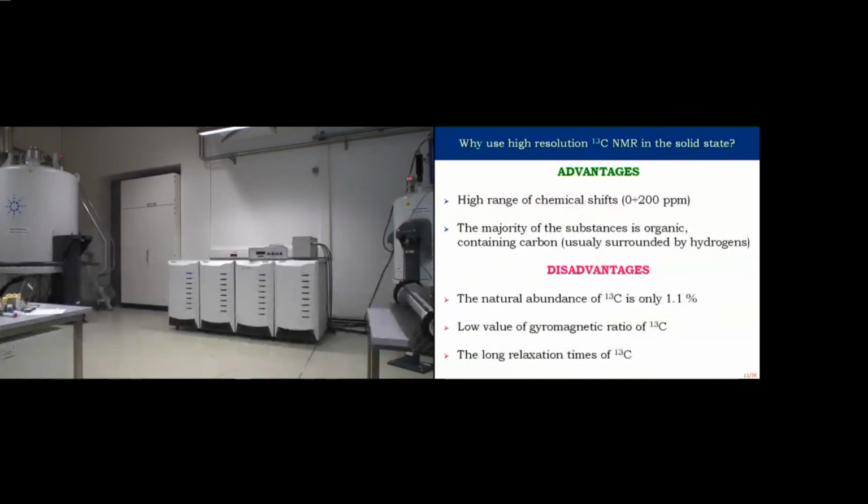Most of the systems studied possess organic properties, like for example food, animals and so on, and therefore they are very interesting to study. But carbon-14 is a rather rare element in the world, because the natural abundance is only 1%. That means that 99% of other carbons are not magnetically active, and the signal to noise which we can collect is very low.